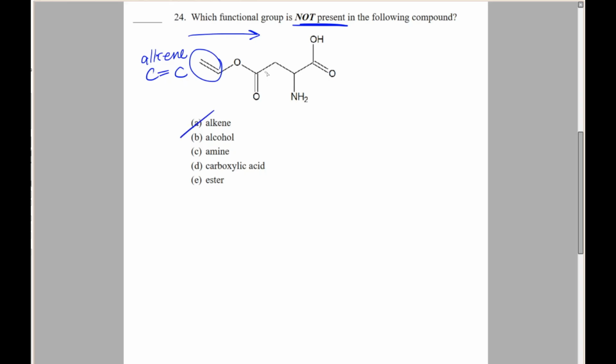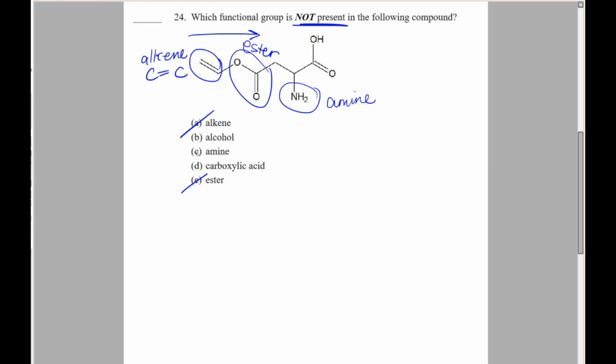We see 2 oxygens, so this is going to be an ester. It's not an ether, because if it was an ether, it would just be this oxygen. But since we have a double bonded oxygen right next to it, it's going to be an ester. So it's not choice E either. Then we also have an amino group or an amine group.